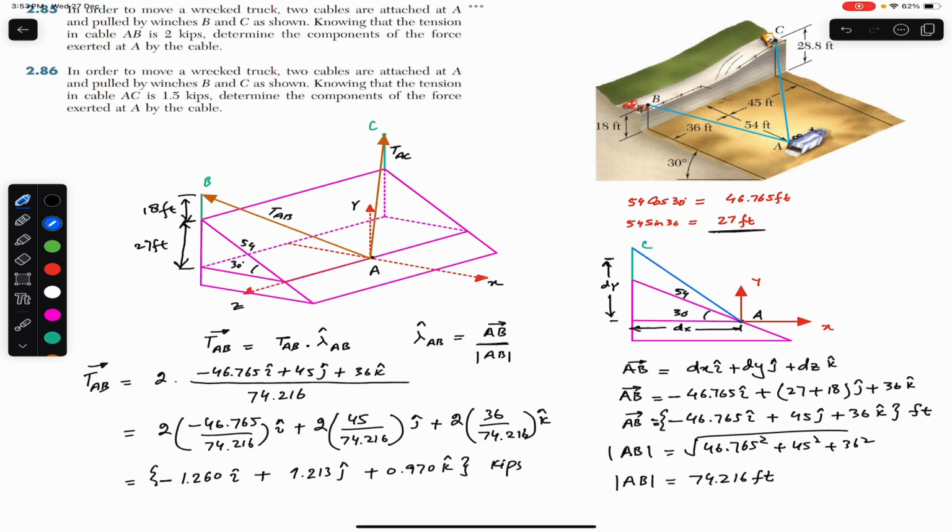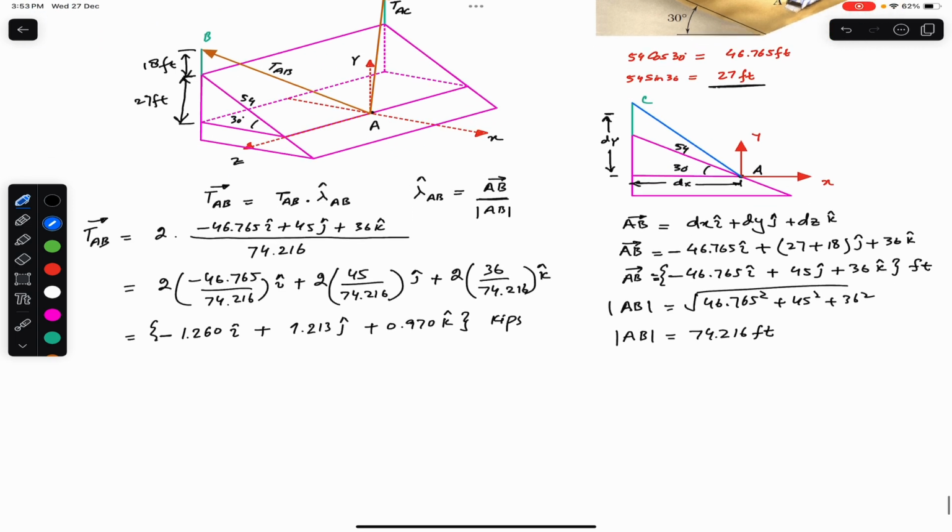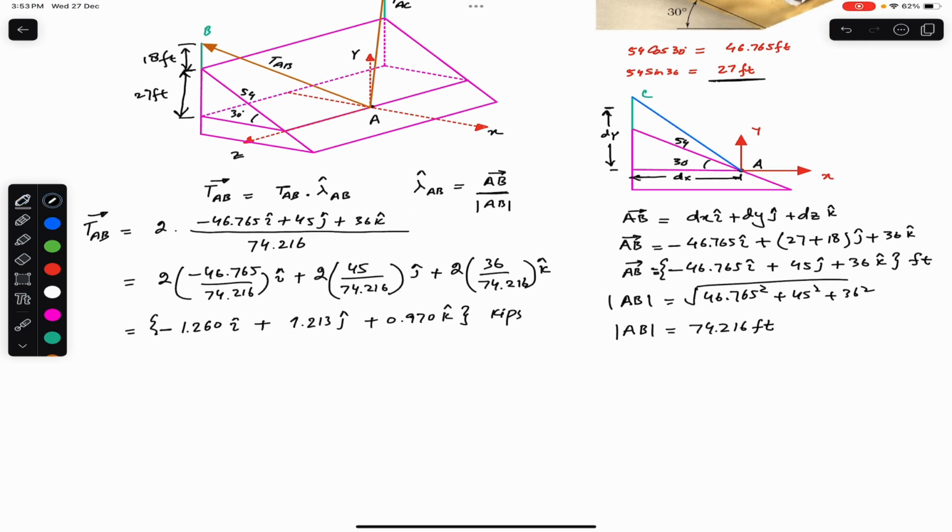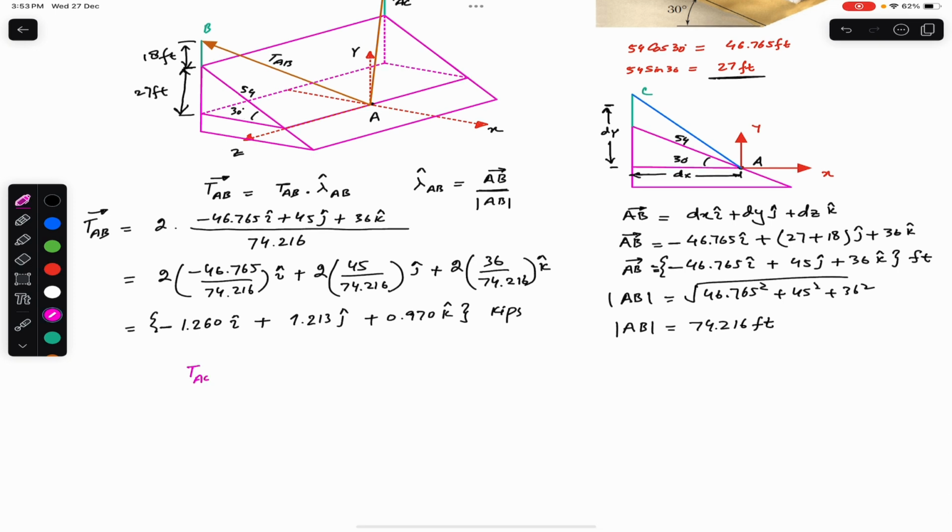So now this is very simple. We can again apply TAC. Now we can say that TAC is the TAC magnitude times the unit vector from A to C, and we need to find the position vector from A to C and its magnitude.